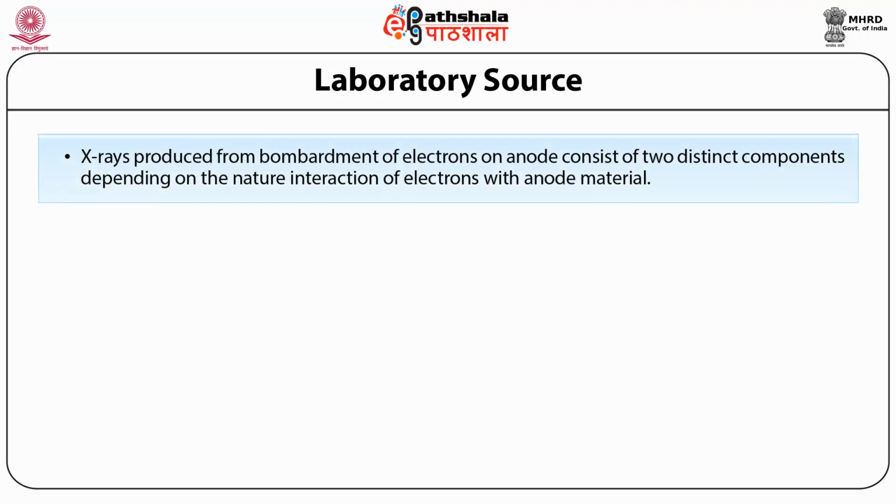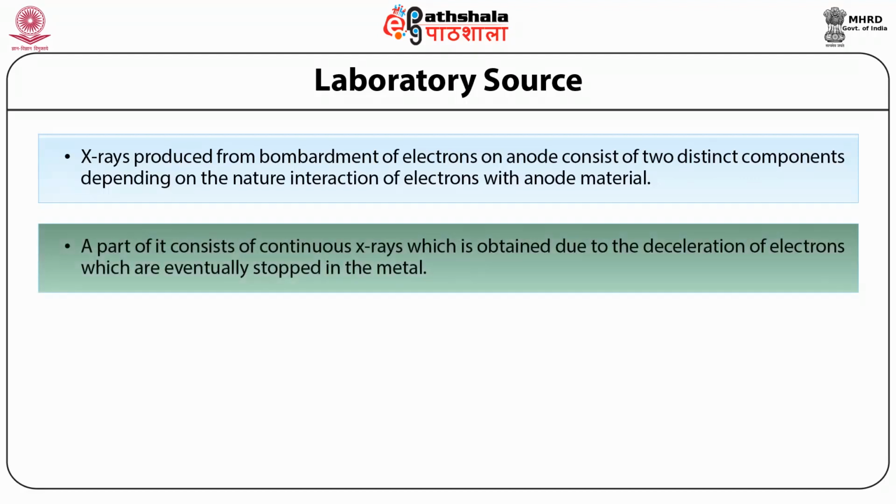X-rays produced from bombardment of electrons on the anode consist of two distinct components depending on the nature of interaction of electrons with the anode material.